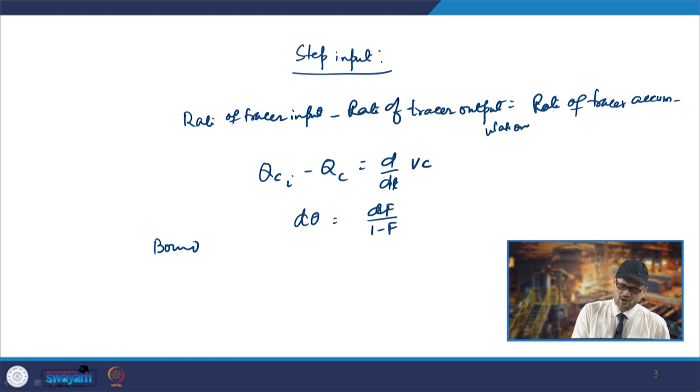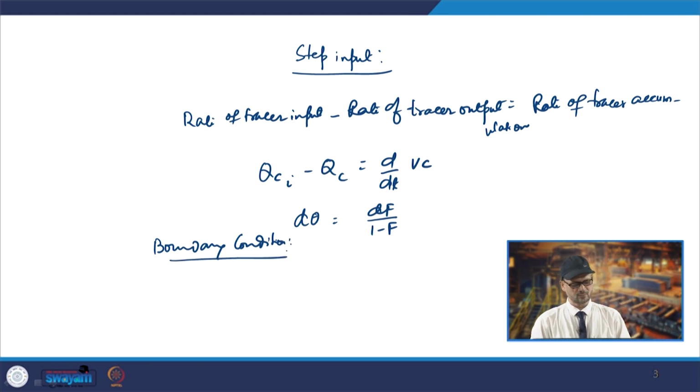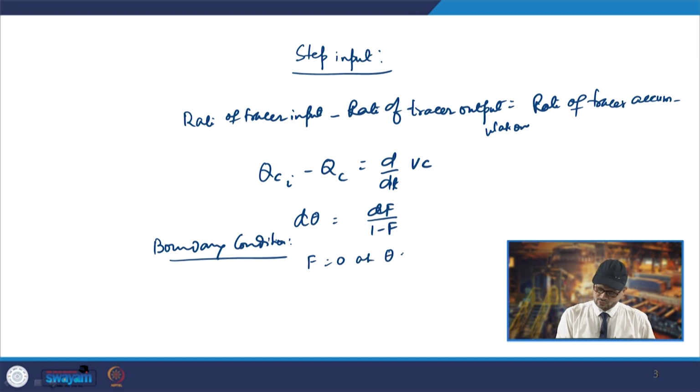If you apply the boundary condition in these cases, the boundary condition will be that f equal to 0 at theta equal to 0. So, at time 0 your f becomes 0 obviously, then f becomes f at theta equal to theta.